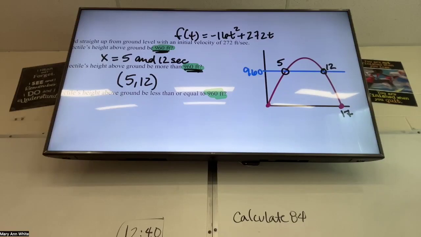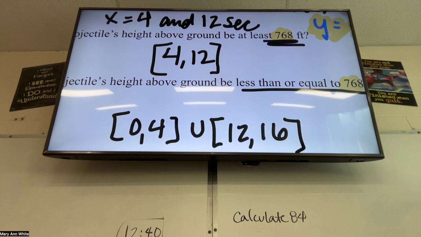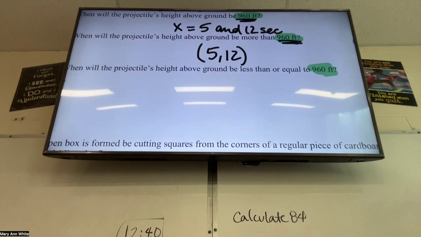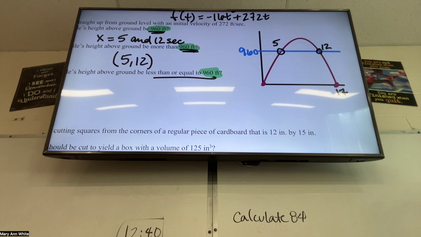Didn't you bracket a lot? We did because it said at least, and at least to me means that you can use that. And then less than or equal to, very similar to last time, what's that interval going to be? 0 to 5. Bracket. And 12 to the end. Very good.